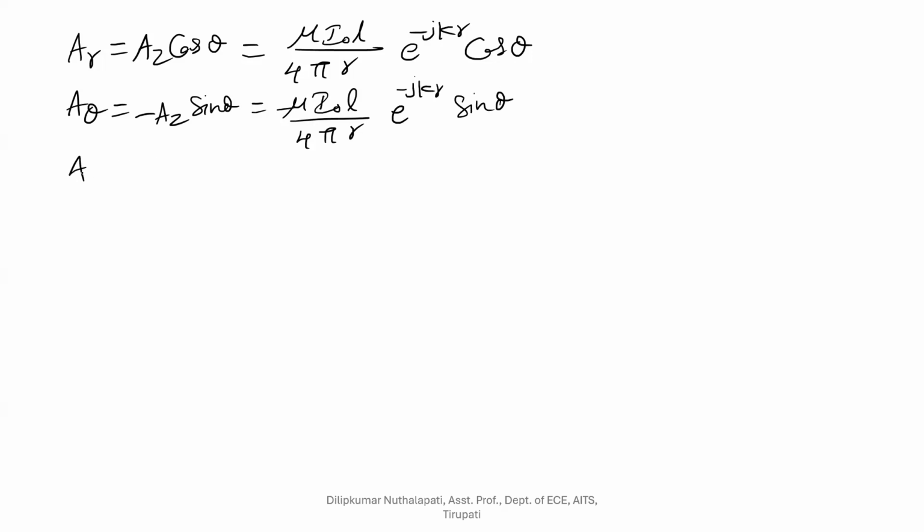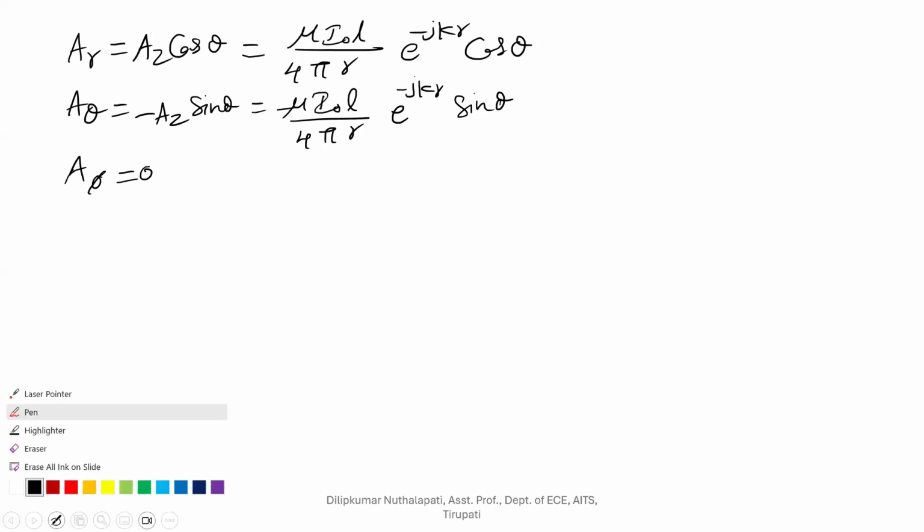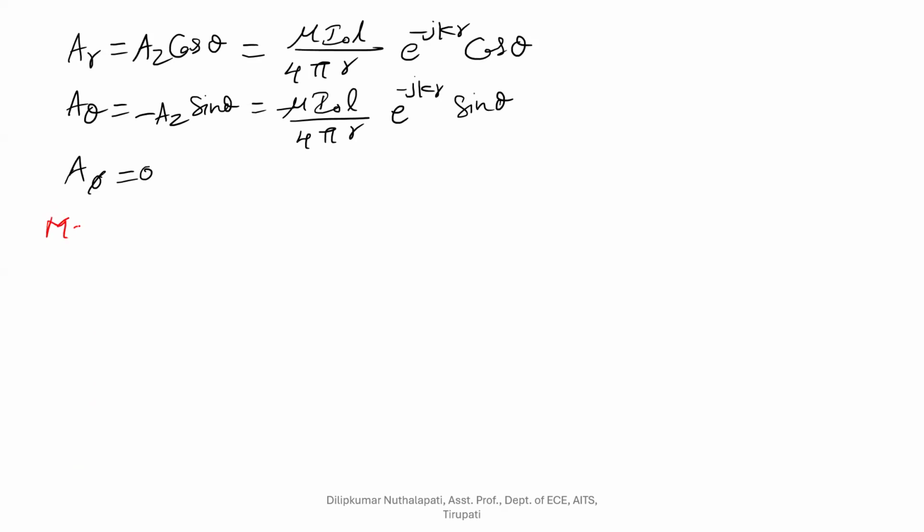As for the term A phi, there is no value, so that has been considered as 0, from the previous slide we have seen with the evaluation. Now, using these vector potentials, we have to derive the magnetic field strength and similarly the electric field strength.